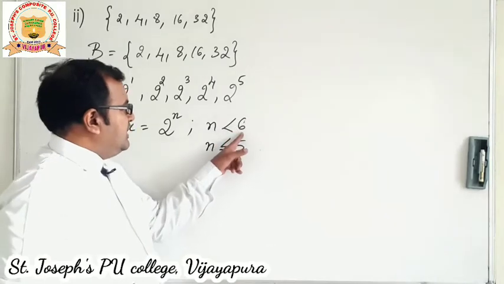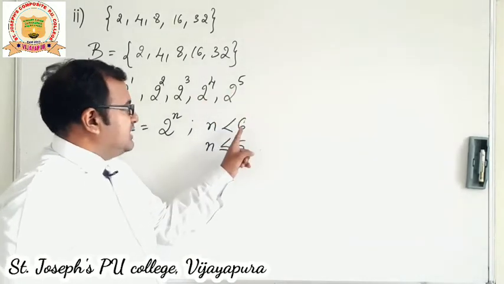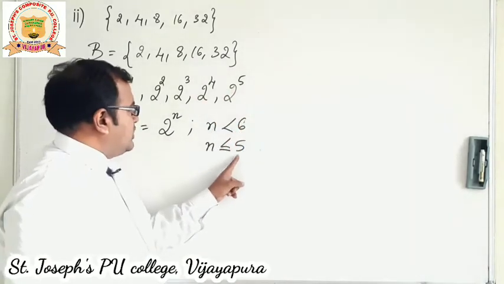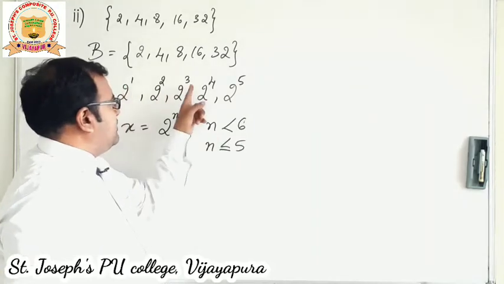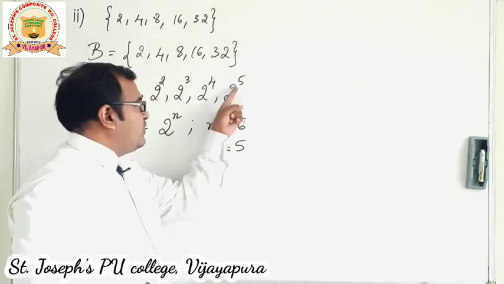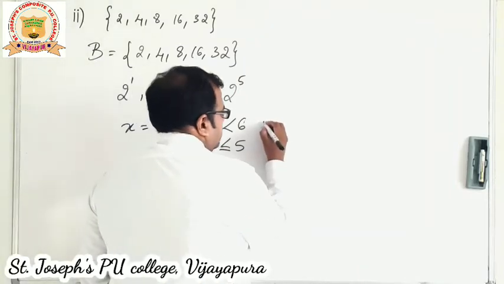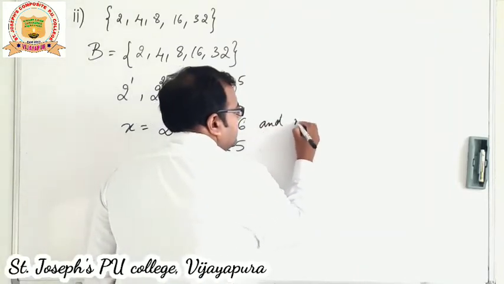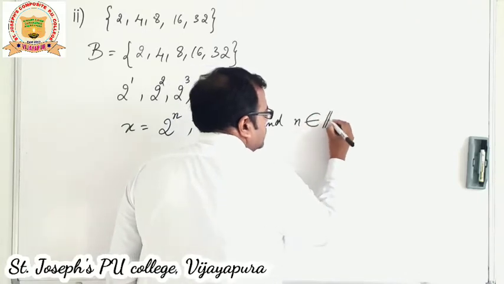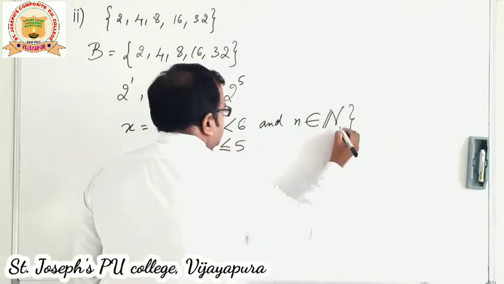Strictly less than 6 means all these numbers are strictly less than 6. Less than or equal to 5, because smaller numbers are there and 5 is also there. You can use any one of these. And n belongs to natural numbers.